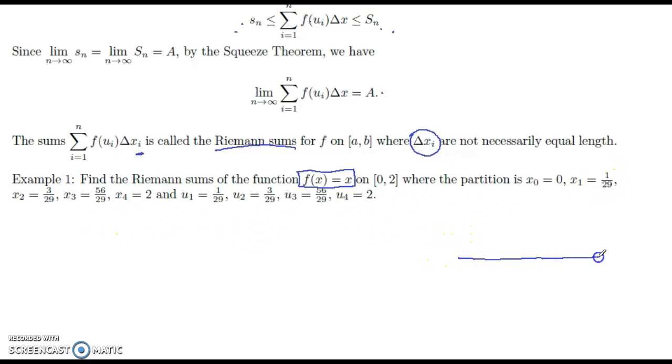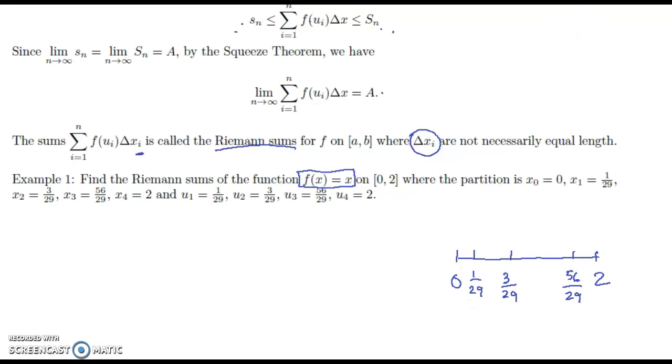So this is a picture from 0 to 2. The partition is not necessarily equal width: it's 1 over 29, 3 over 29, 56 over 29, and then 2.